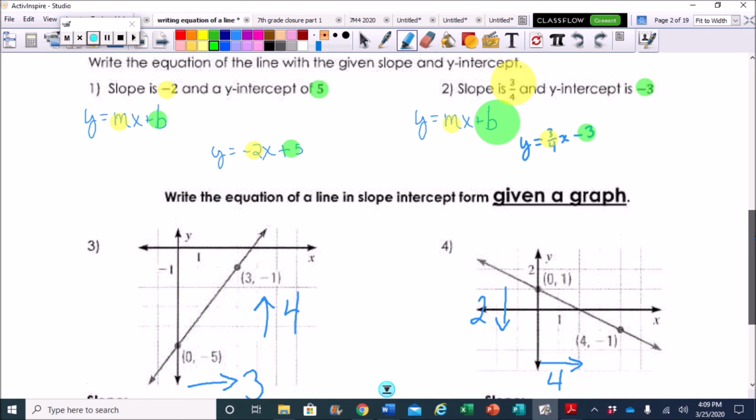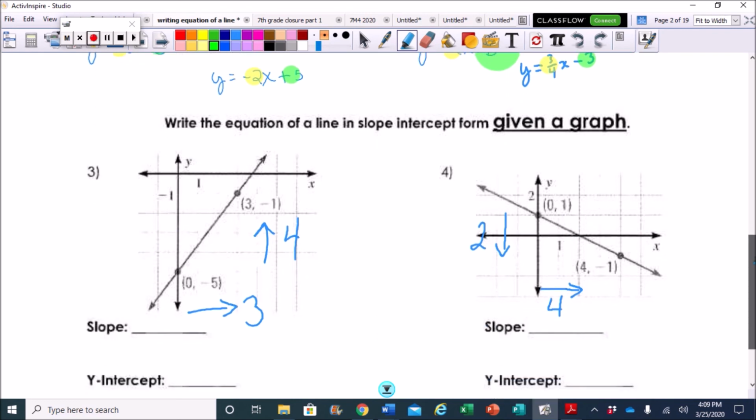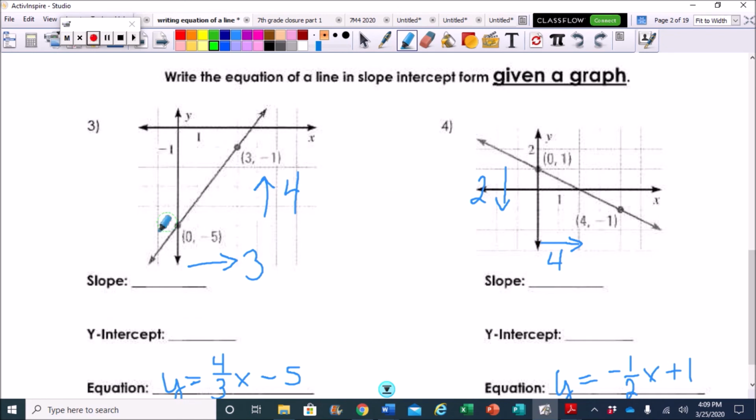Write the equation of a line in slope-intercept form given a graph. So the first thing I'm going to recognize is where it crosses the y-axis. So at 0, -5. So my y-intercept is -5. My slope from this point here, from 0, -5, over to 3, -1, is I've got to go right 3 and up 4.